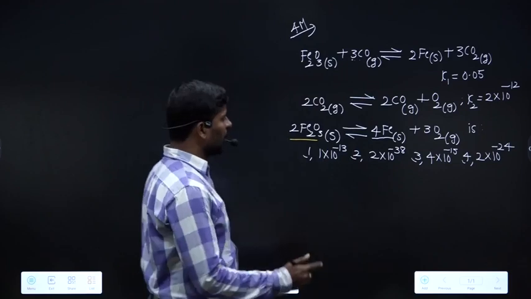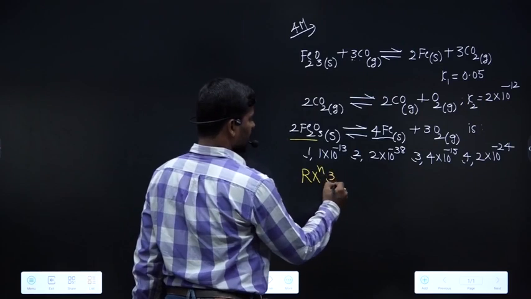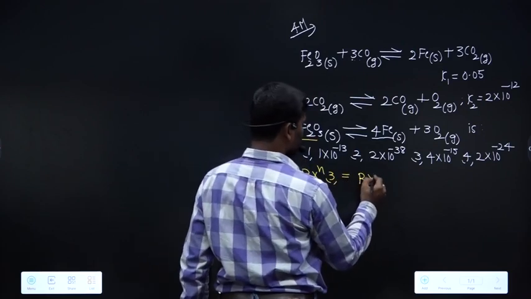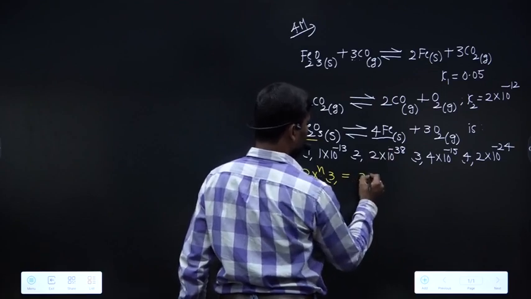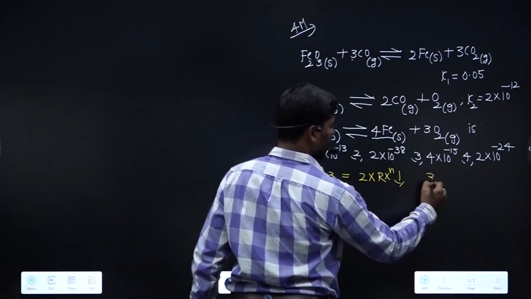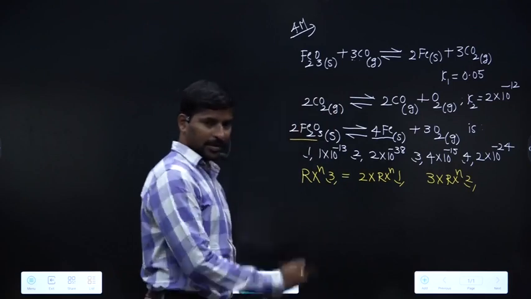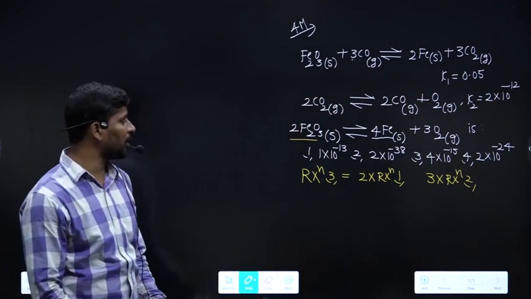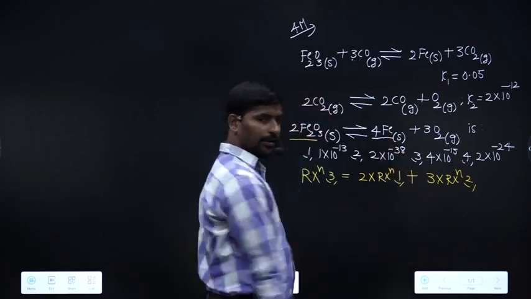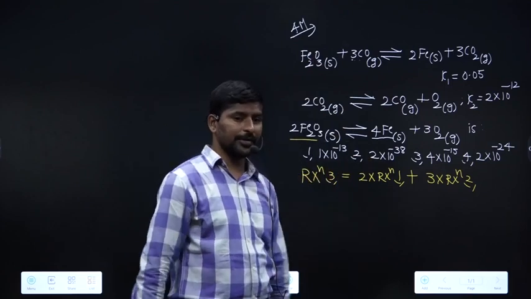So reaction 3 is nothing but we multiply reaction 1 by 2 and reaction 2 by 3. Next, do we add or subtract? Add. If you add those two, we are getting our required equation.